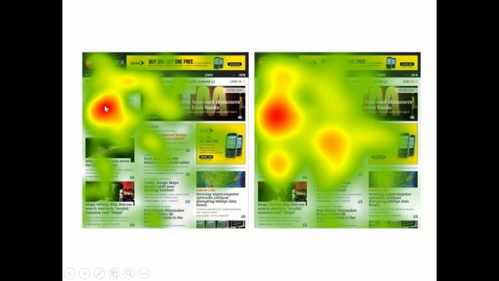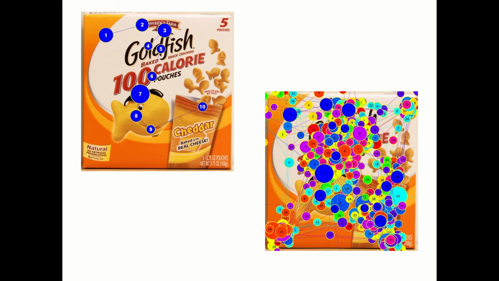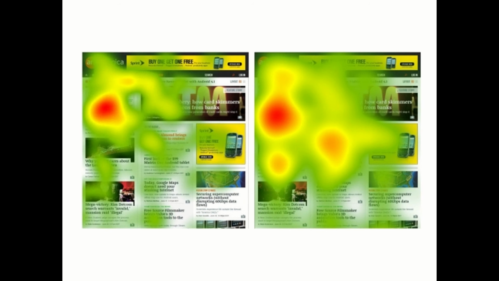Darker red values are areas where they were looking longer. In this case, there was a lot of focus up here in this design, but there was more scanning of different articles in this approach. So the heat map gives you a quick visual look. It's a little less confusing than this cloud of dots here, but it gives you an idea of where people were looking and where they centered their gaze.